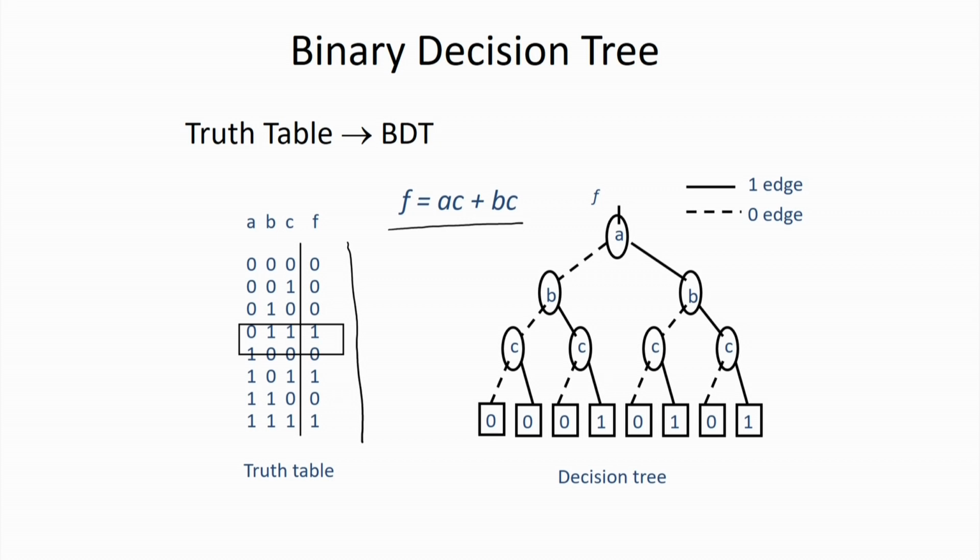If a is equal to 0, b is equal to 0, c is equal to 0, then a c will become 0 and b c will become 0, and eventually my functional value is 0. If a, b, c are 1, then a dot c will give me 1, b dot c will give me 1. So, 1 plus 1 will give me 1. So, this is the truth table representation of the Boolean function.